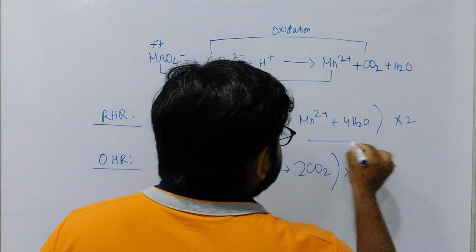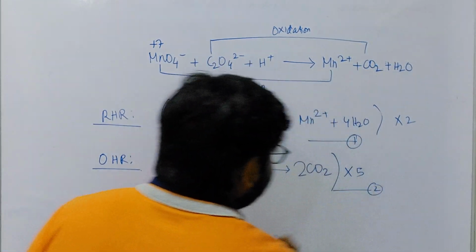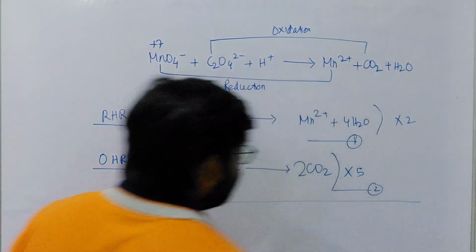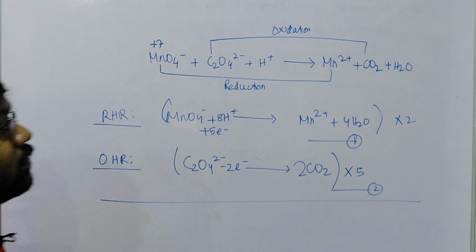Now simply add these two half reactions, and we will get our desired balanced chemical equation.